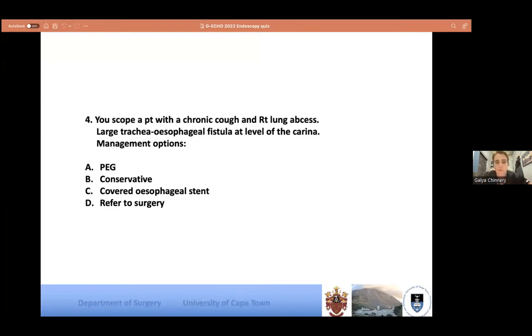Okay, shall we share the poll results? Okay, so a couple of you said PEG, and the majority of you were thinking to pop in an esophageal stent, and then whoever voted for surgery, I'm on the same page as you there. I think you have to appreciate the problem with an esophageal stent in this situation is it's not going to stay in place at all.